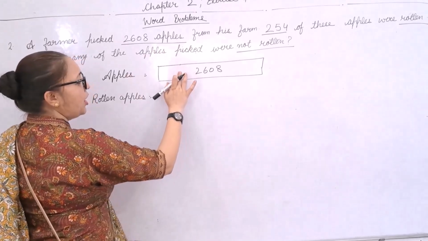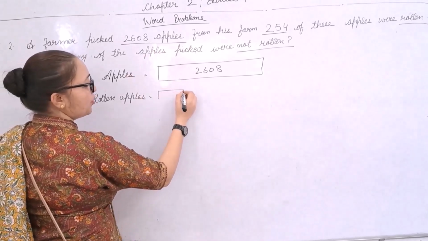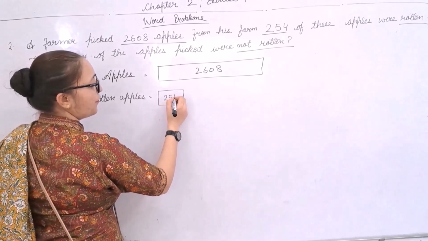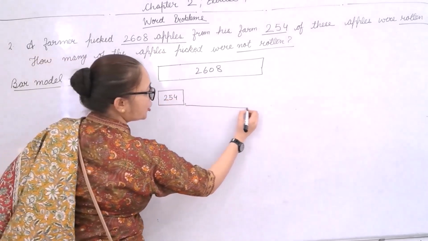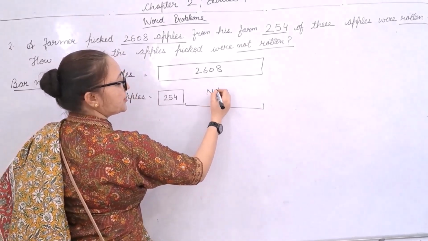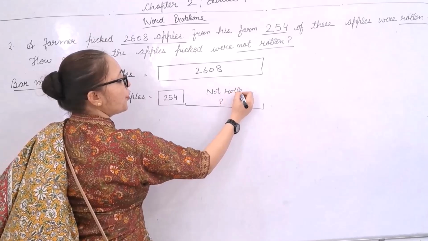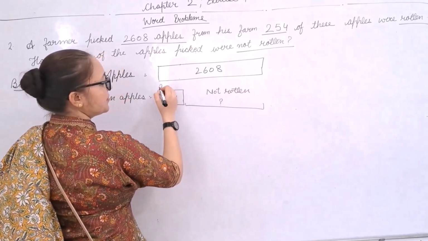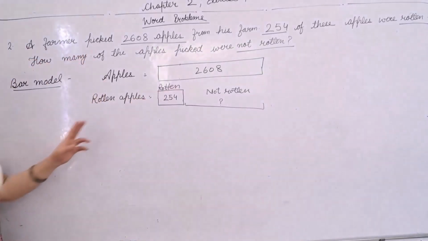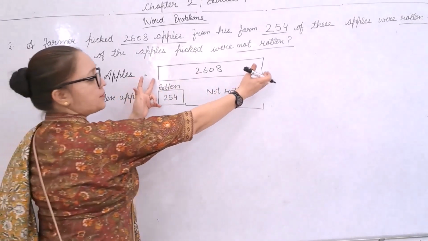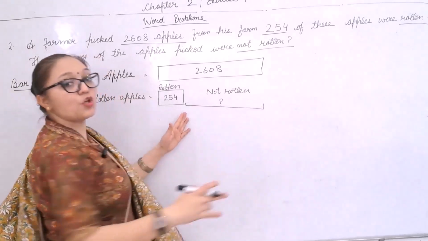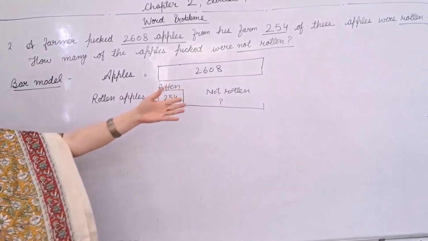So I will draw another bar for it, 254. So this much quantity is not rotten and this is rotten. Okay, got it? Out of this whole, this much is rotten and this much is not rotten. We have to calculate this only.